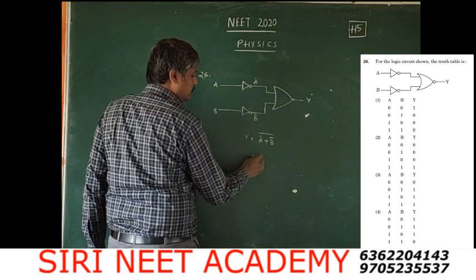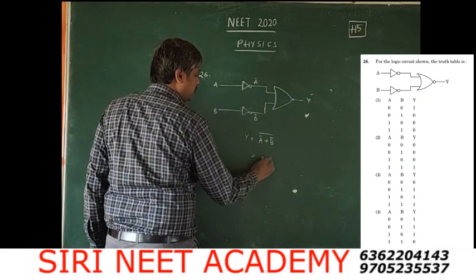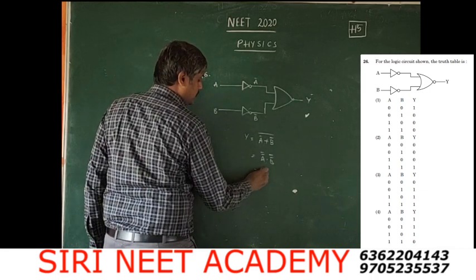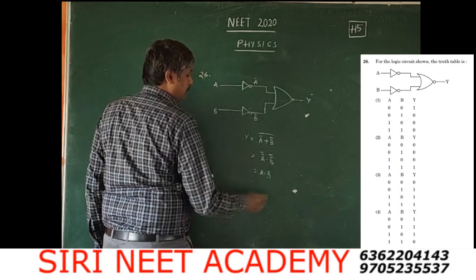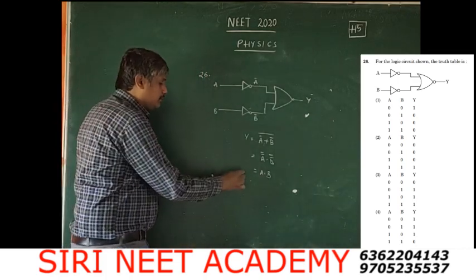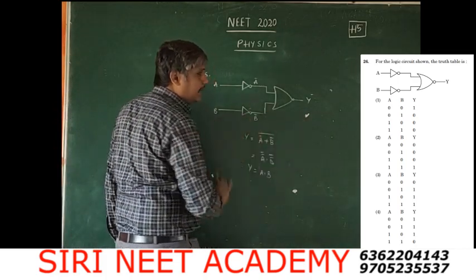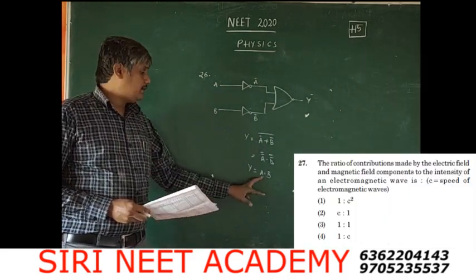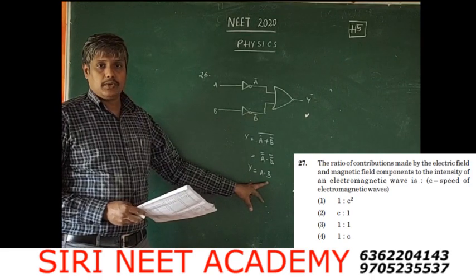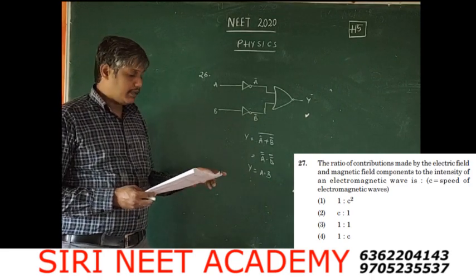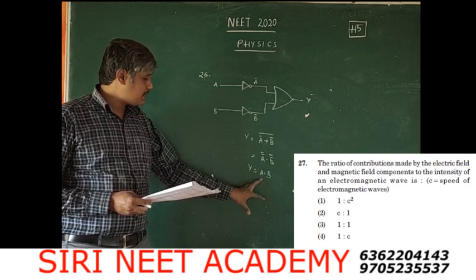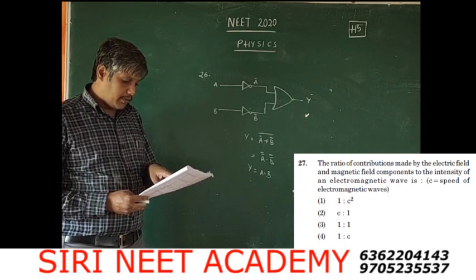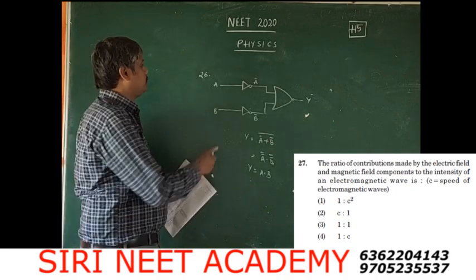So taking the bar on one slope, I can write it as A and B, so this is equivalent to an AND gate. So in an AND gate, if any input is low, the output is low. So the truth table corresponding to this equation is option number 2.